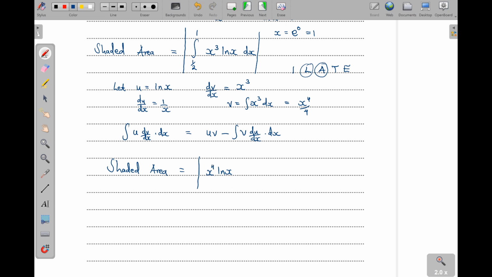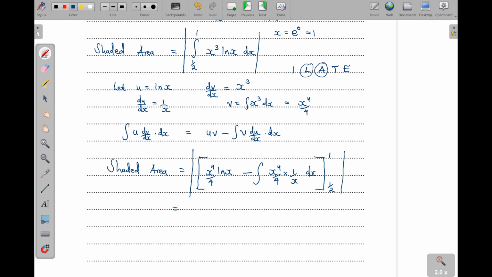Minus now the integral of v, x to the power 4 over 4, times du/dx, which is 1 over x, with respect to x. Here I'm actually going to put the limits, 1 and a half, in the modulus signs.